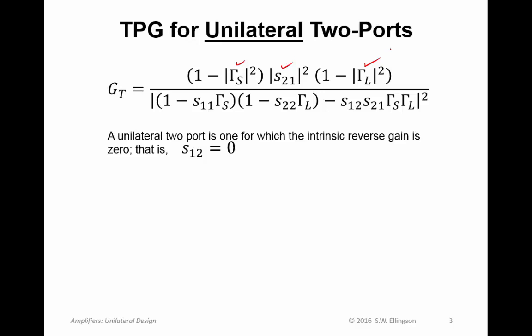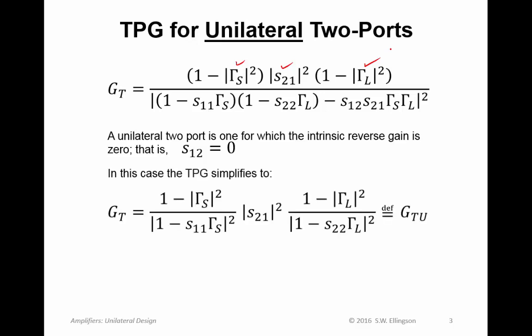And in that case, we can substitute S12 into the above expression and get a simplified equation that applies just to unilateral two ports. And in that case, we have this expression. So we refer to this expression as G sub T U, where U refers to unilateral.